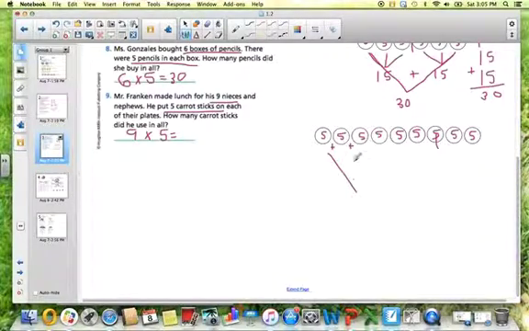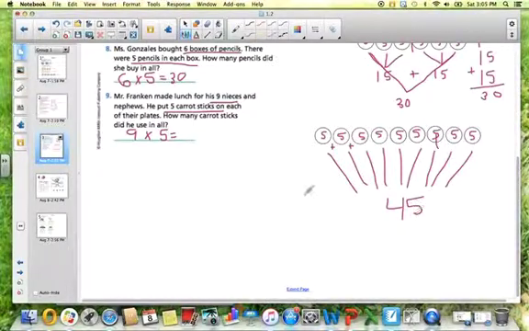So what we would do is we'd draw a line from each of these boxes. Might be easier to draw the lines when you're counting, whatever works for you. And we know that we have 45 carrots. So 9 times 5 is 45.